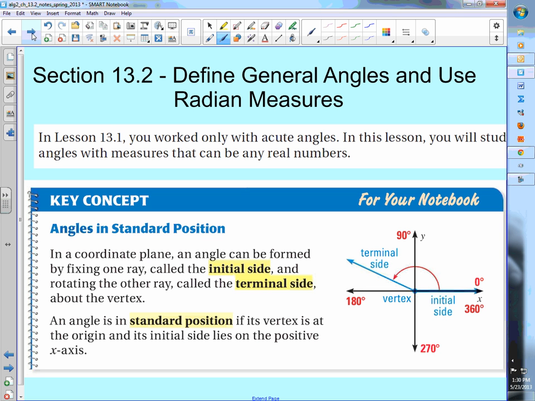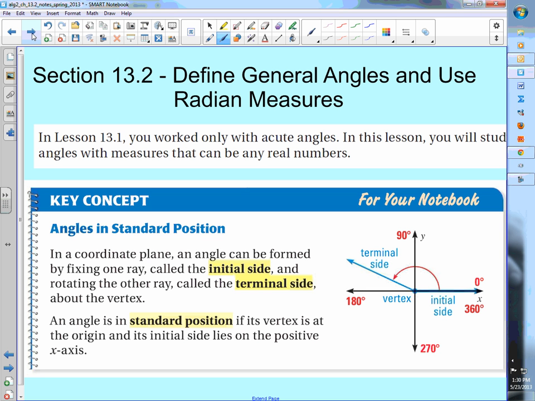There is no restriction on how to measure an angle. Angles more than 360 constitute a multiple revolution. Angles less than 0 constitute going in the opposite direction of these angles. So instead of going counterclockwise, a negative angle would go clockwise.